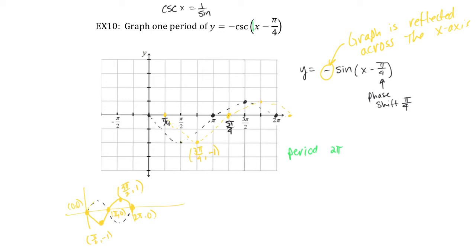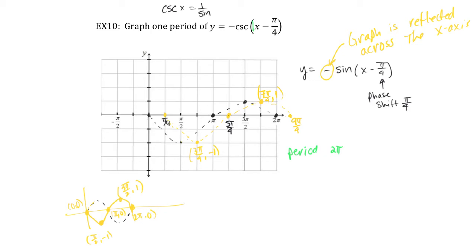Pi plus pi over 4, and then this point right here would be at 3 pi over 2 plus pi over 4. That is 7 pi over 4, and then this one is at 9 pi over 4. And that one is up at 1. Okay, so we're just shifting each of those key points for our graph.